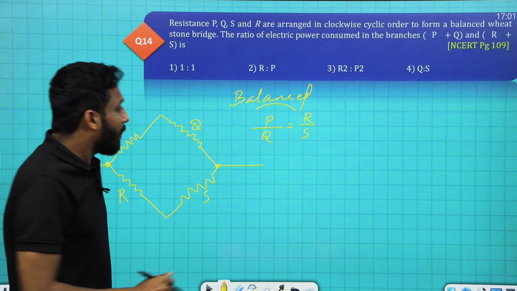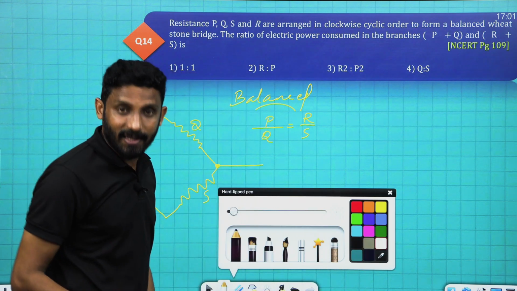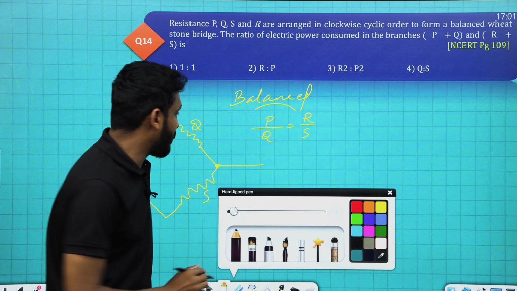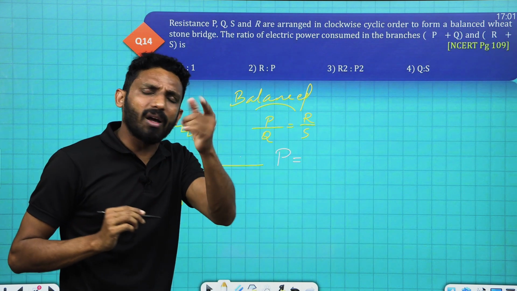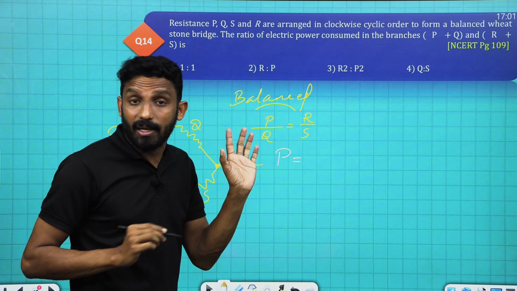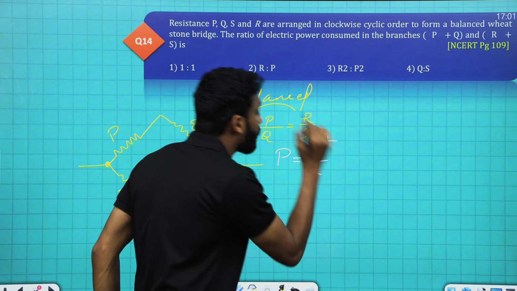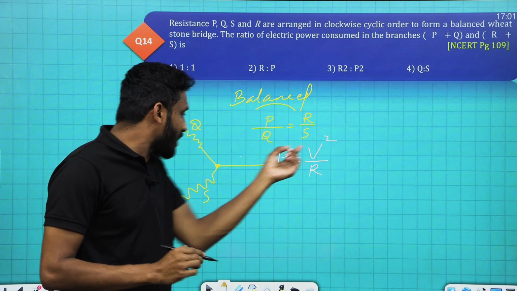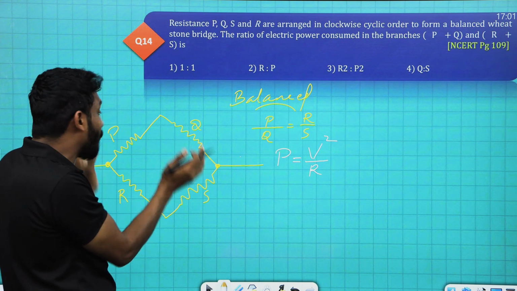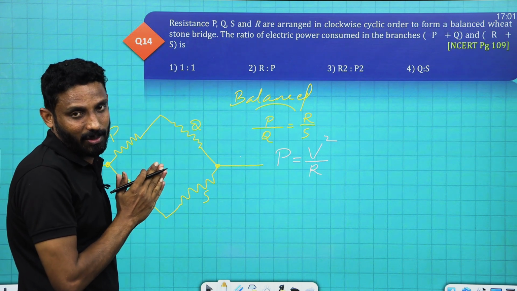Then we write the equation of power consumed by a resistor in terms of potential difference. Power consumed is I square R, V into I, and V square by R. In this format it will be useful because the potential difference is the same for both combinations.